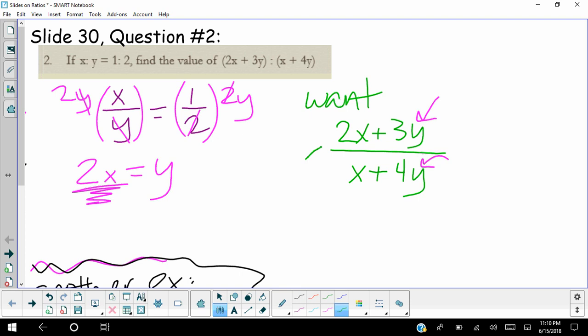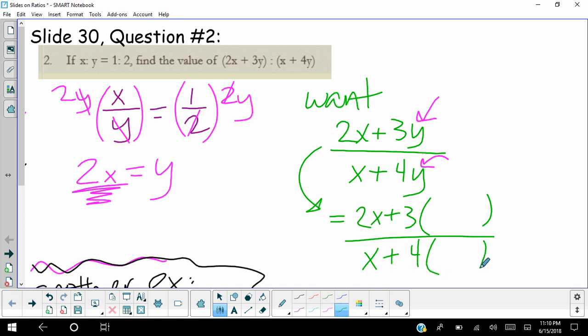So then I come down here to what I want, and so that's really equal to 2x plus 3 times the quantity, and I'm going to put in a 2x there, that purple quantity, over x plus, and instead of 4y, I'm going to do 4 times the quantity, and I'm going to put in 2x. So 2x here and 2x here.